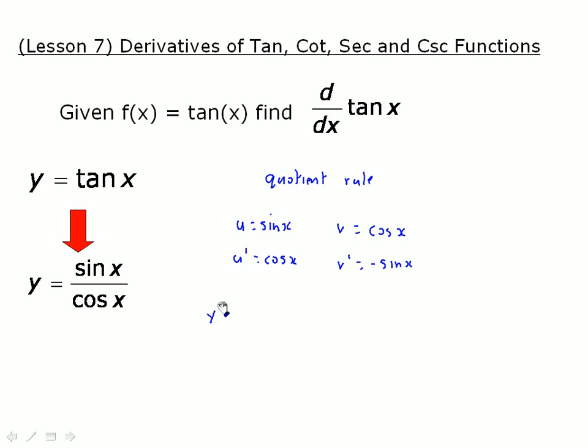And as you recall, I hope, y prime is equal to u prime v minus u v prime, all over v squared. So I'm just going to get a little bit more space to work and then finish this one off.